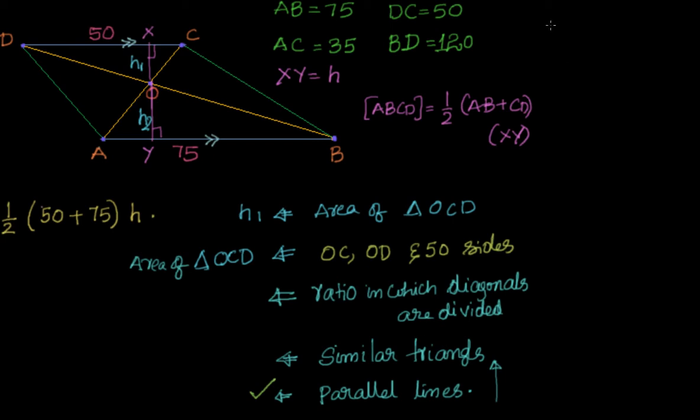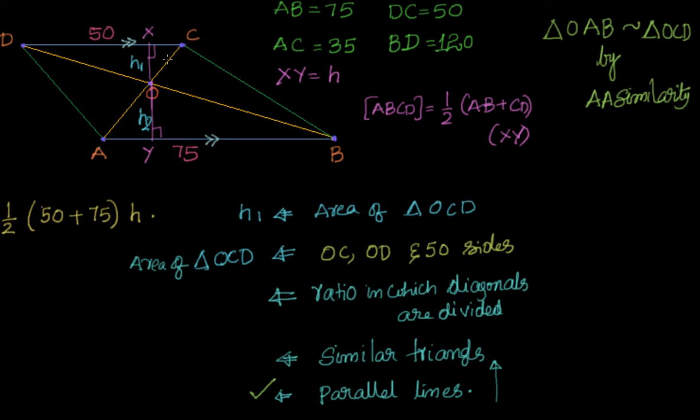You can see that I will take these triangles: triangle OAB is similar to triangle OCD by AA similarity. How? Because if you have parallel lines, let me just put it here.